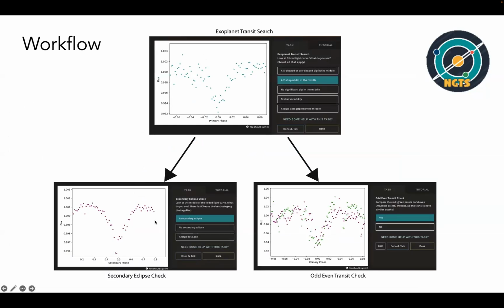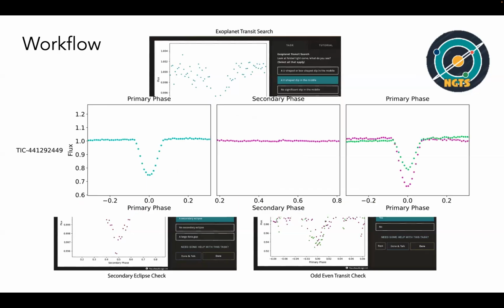Or is there an odd even difference? So are we looking at, does transit 1 and transit 2, do they look notably different? And here's an example of that. So if you have transit 1 in the blue, no secondary eclipse, and then when you look at transit 2, which is the pink, you can see it's significantly deeper. So BLS has misidentified the period here. It's twice, and we have an eclipsing binary, not a planet.